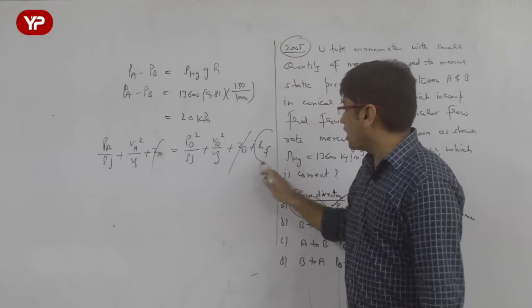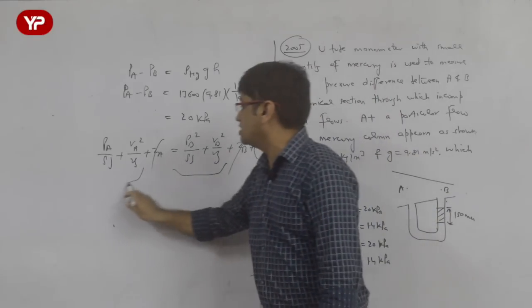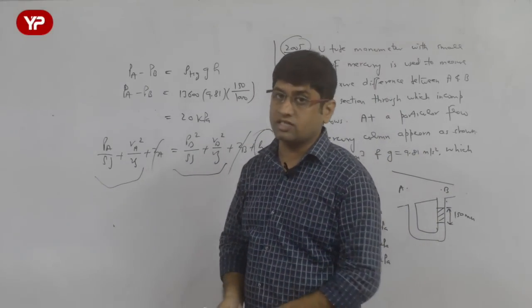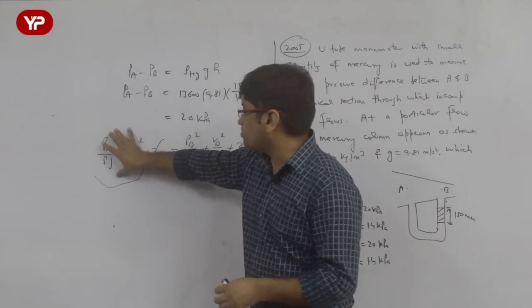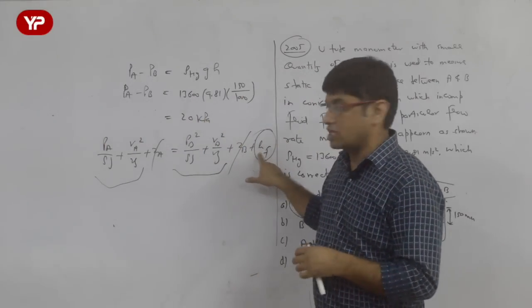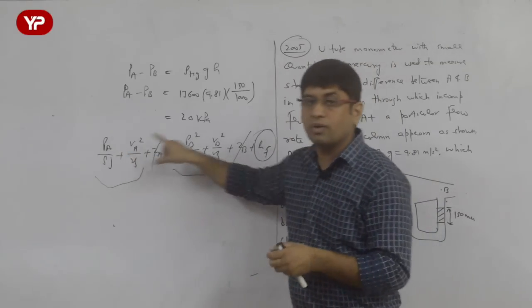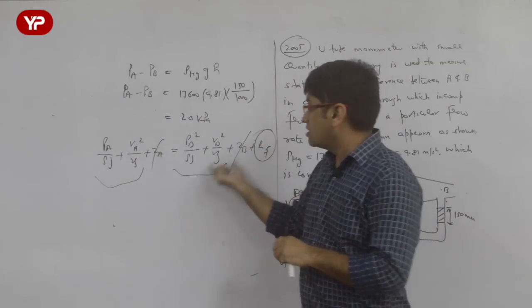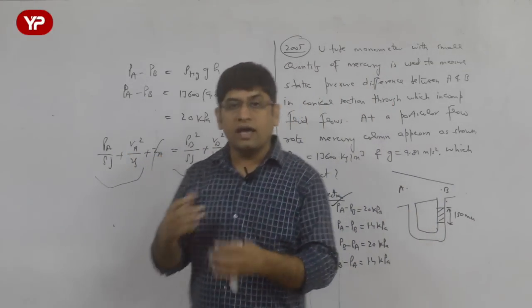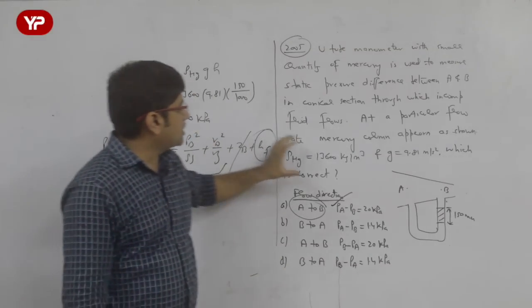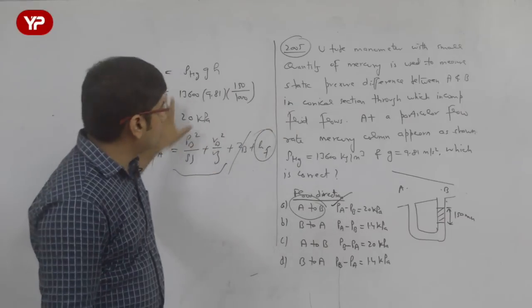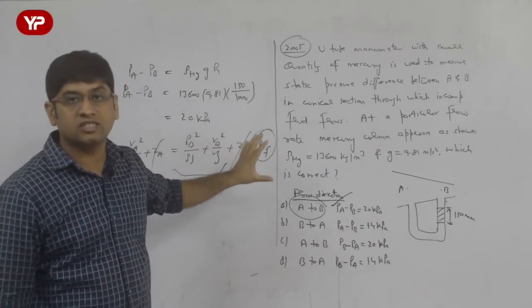Unless you calculate HF by calculating these conservative energies at section 1 and section 2, you cannot calculate the direction of flow. Suppose this HF value is coming positive, then the direction is from A to B. But if this is coming negative, the direction of flow is from B to A. Hence you cannot find the direction of flow unless all the conservative energies are calculated.